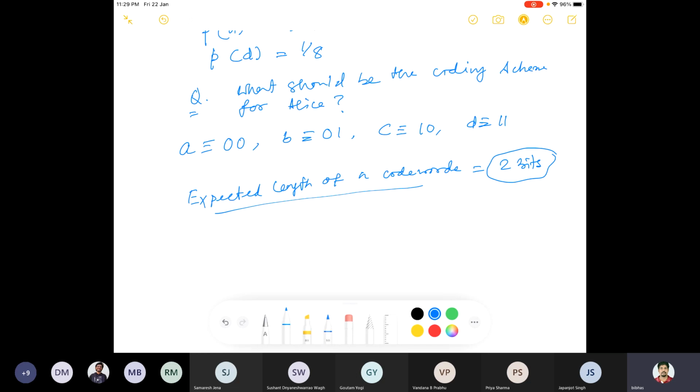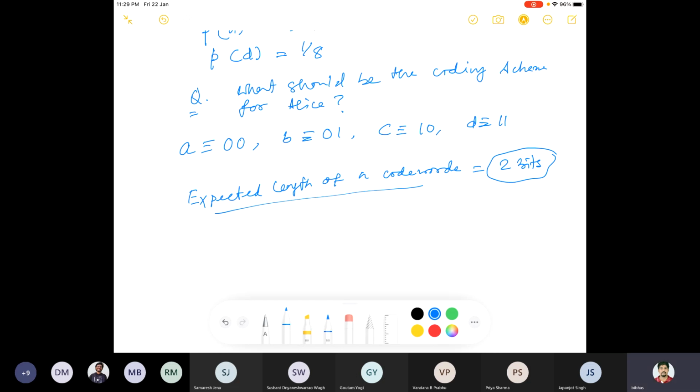Or a bigger question is, what should be the average code length of a coding scheme so that the minimum length, you cannot go beyond that, you cannot go less than that. That's the minimum number of bits you need to design your code words.